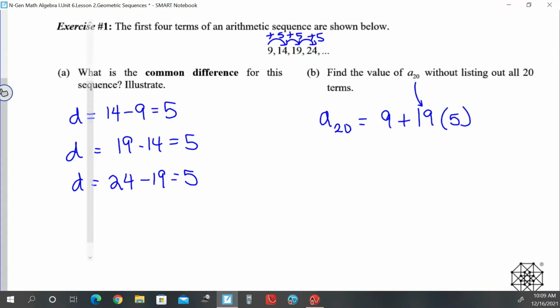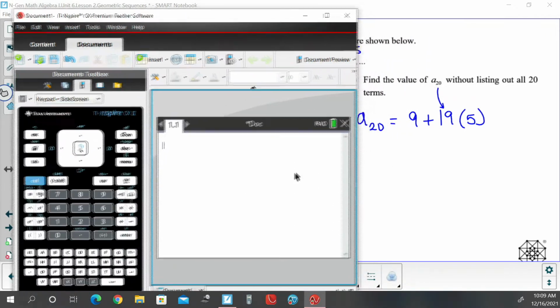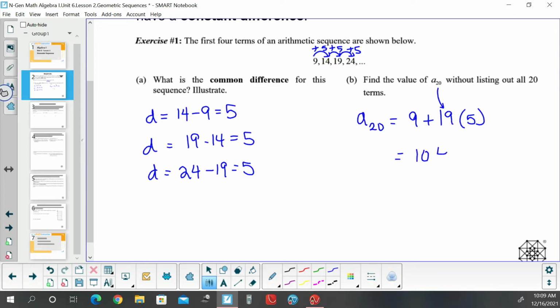So now I'm going to just exit this real quick. Let's pull that up, do a little calculation here. I've got 9 plus 19 times 5. Simple enough. That's equal to 104. Now the real key there is two things.